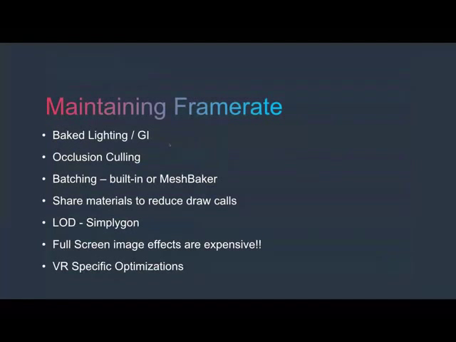So on the technical side, let's talk quickly about maintaining frame rate, because the target, at least on desktop class VR, is 90 FPS. And I would say, so that's 11 milliseconds.